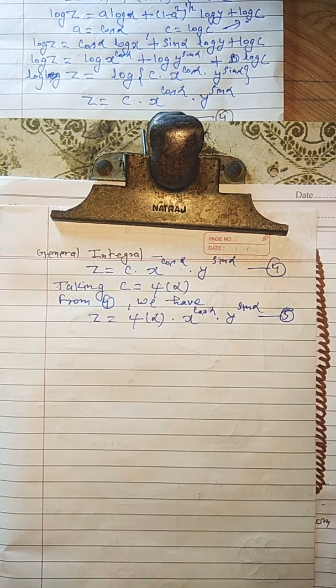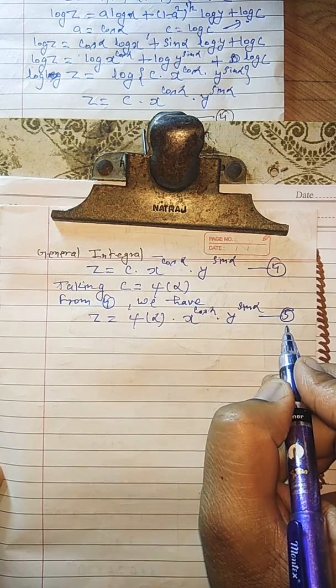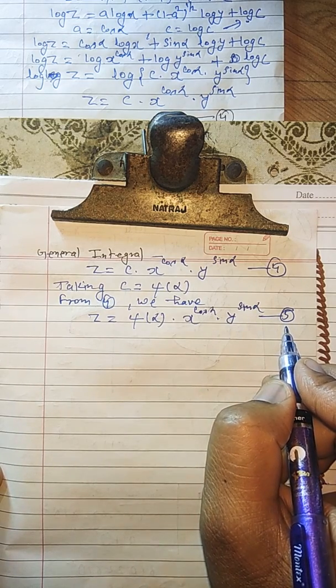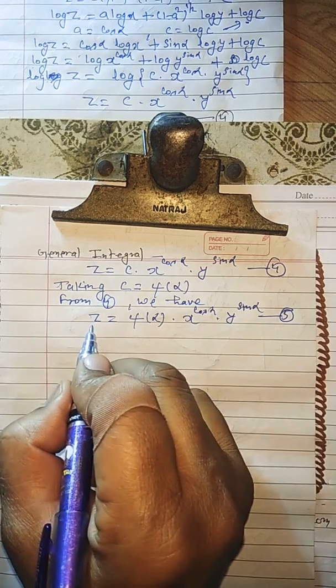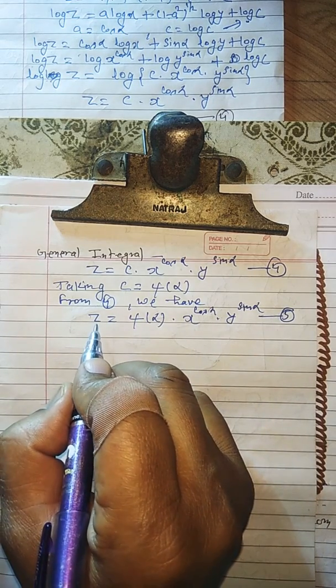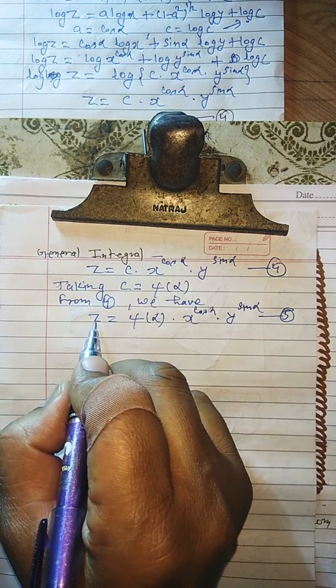For general integral, first we differentiate 5 with respect to alpha. When we differentiate with respect to alpha, we treat z as a constant.